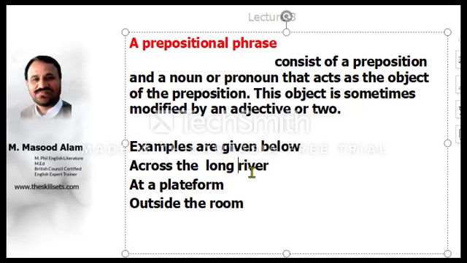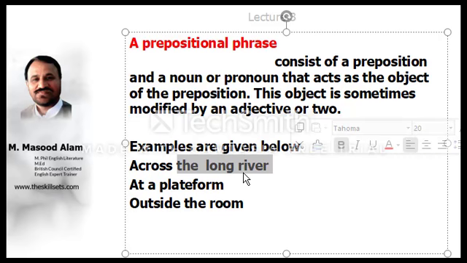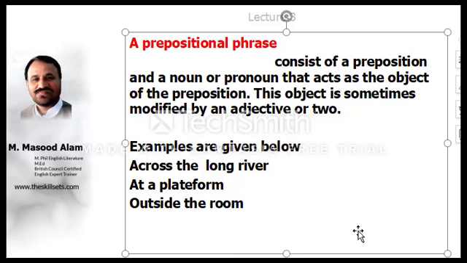So these three words, the long river, now take the shape of an object of the preposition. I want to say that the object of the preposition can consist of modifiers, modifier number one, the, and modifier number two, long.